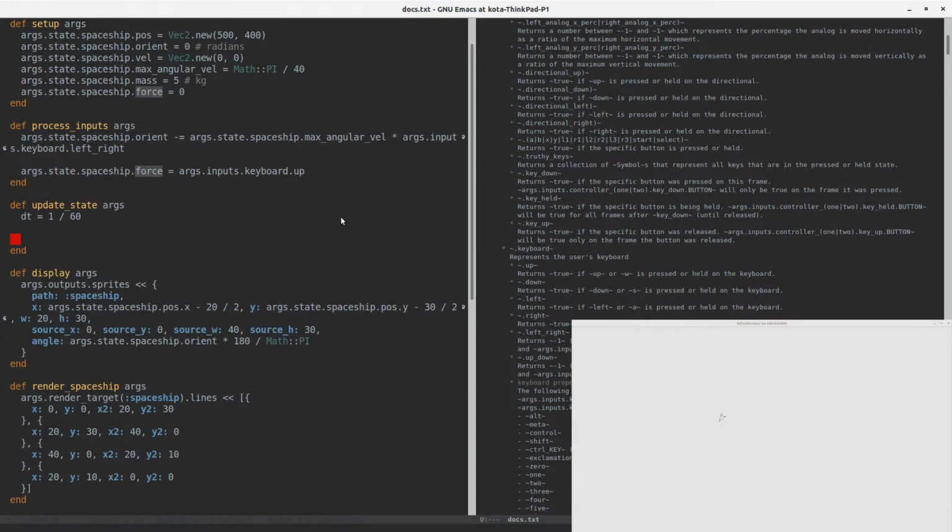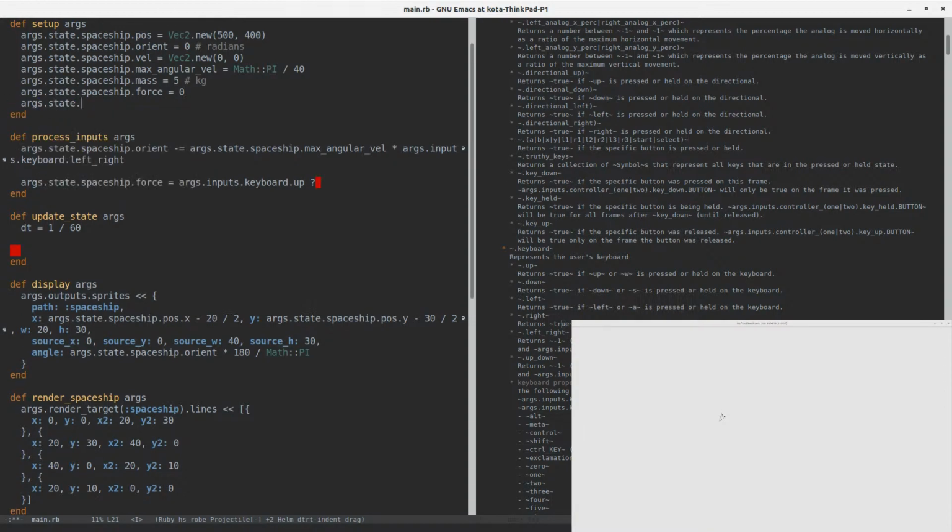It just gives true. So we'll just put this in a ternary. And we'll say rx.state.spaceship.maxForce equals, and we'll just put in some arbitrary value for now. We'll see how that goes.